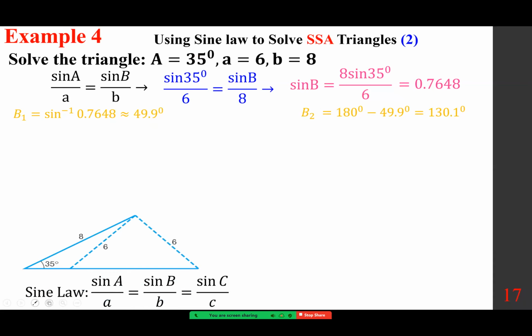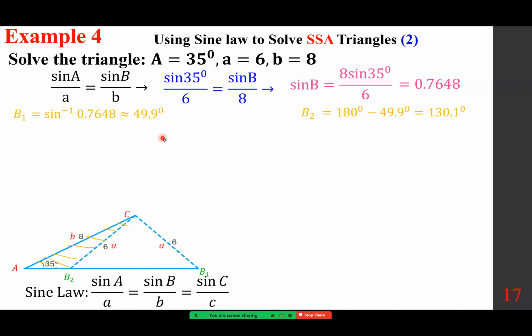This would be one possible triangle, and the larger one, the entire one, would be the second one, okay? All right, so 35 and 49.9 will be subtracted from 180.